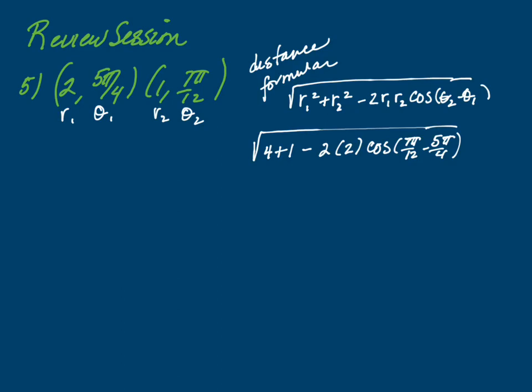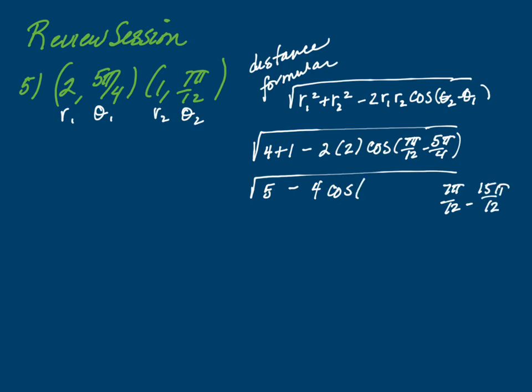Now don't be careless here and make silly mistakes. You don't even need a calculator for this one. The square root of 5 minus 4 cosine. So 7 pi over 12 minus 15 pi over 12.